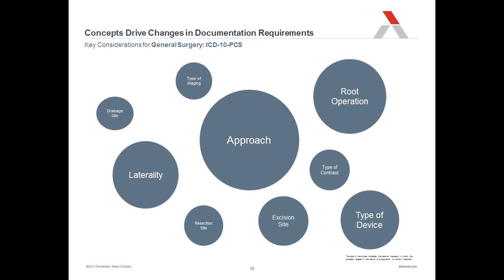Root operation, the exact type of operation that you're doing, laterality, type of device, type of imaging, excision site, all of these are concepts that for the most part you are already capturing in your very detailed operative reports, but now in ICD-10 CM and PCS we have the ability to actually identify these within the code set.